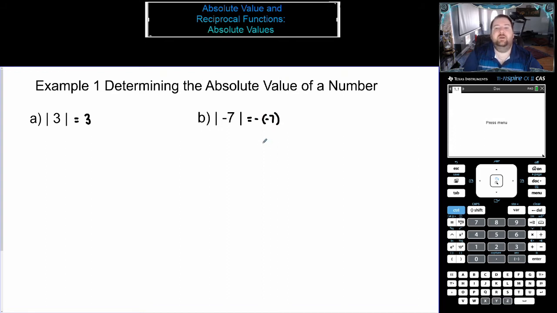Make it positive by multiplying by a negative number. So this is going to be 7. So the absolute value of -7 is -(-7), making it positive. And I don't think I'm going to do this anymore. We're just going to remember that the absolute value of a negative number is a positive one, right? It's always going to result in a positive number.